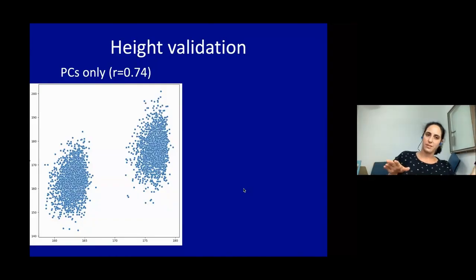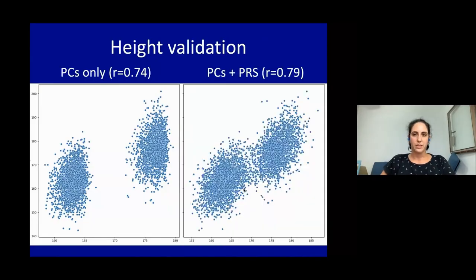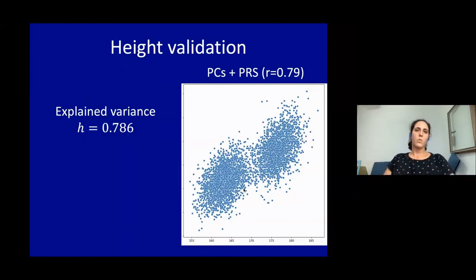The left one is females, the right one is males, as you can probably assume. Then, if we add the PRS that has been projected, we see that the groups are more similar, but moreover, we see that the Pearson correlation has risen to 0.79. When we look at the explained variance of this specific model, we see that it is 0.786, which is pretty close to the explained variance from genetics on height.